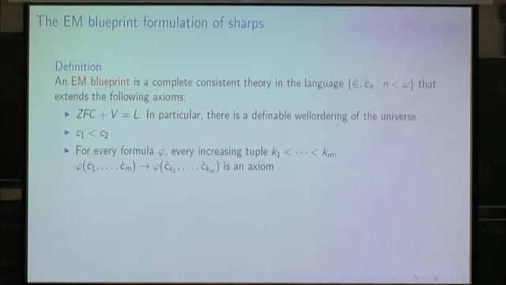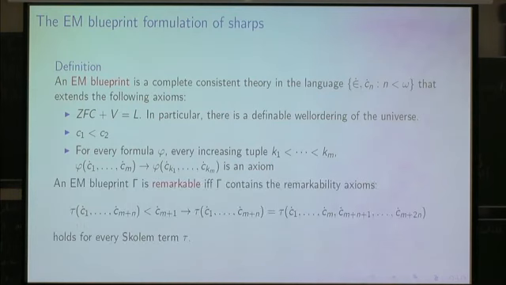It is a complete consistent theory in the language of set theory plus omega many constant symbols, which contains the axioms ZFC and V equals L, and the constants are ordered c1 less than c2 less than c3, etc., and they are indiscernibles. There is a remarkability axiom, so it is just a syntactical formula that should be true in this EM blueprint.